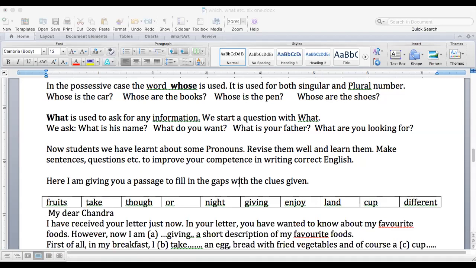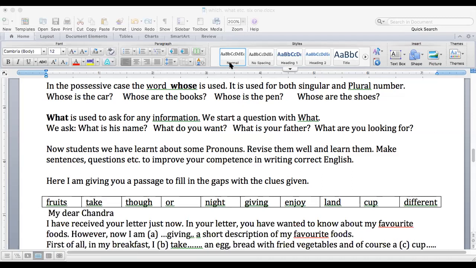We learned about these things, and we learned about the demonstrative pronouns, which show this, that, and those. We learned about interrogative pronoun to ask questions. Who, whom, and what, whose car, what is that? We learned all those things.